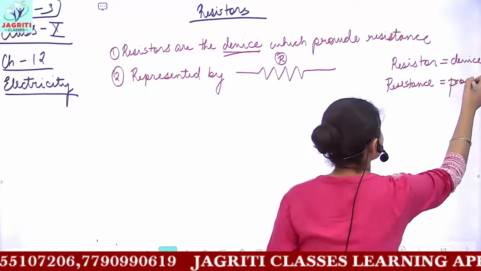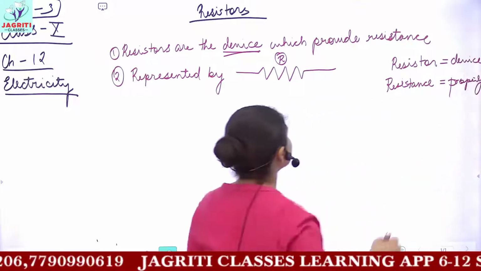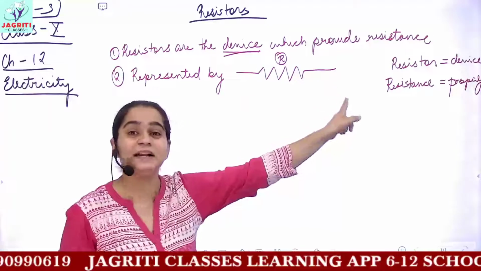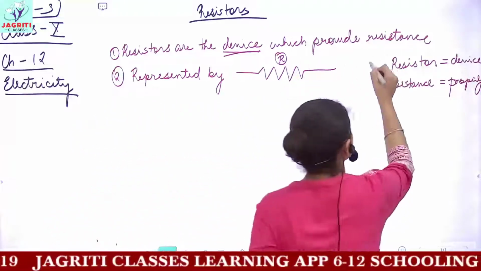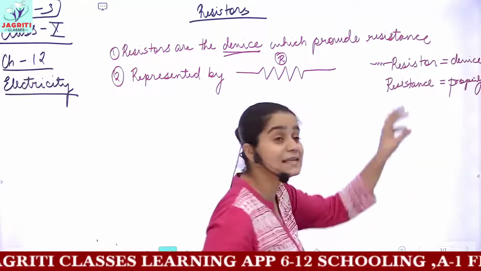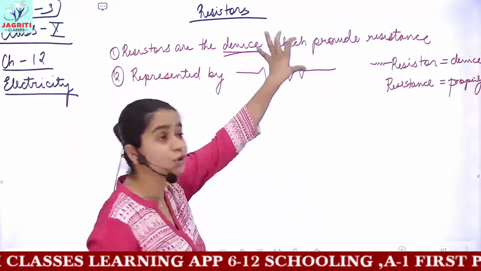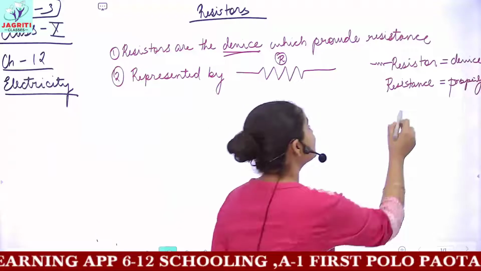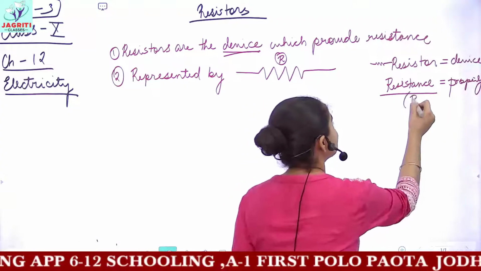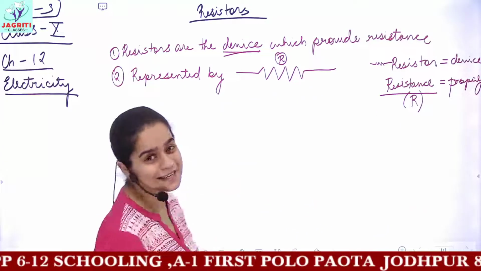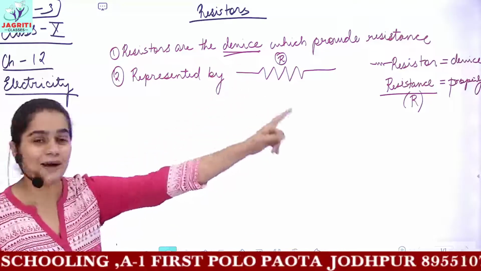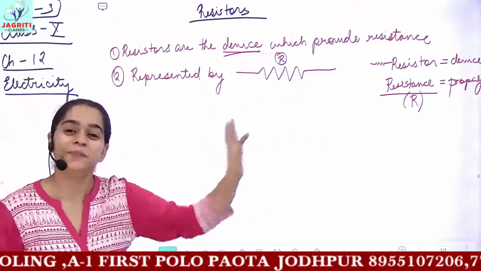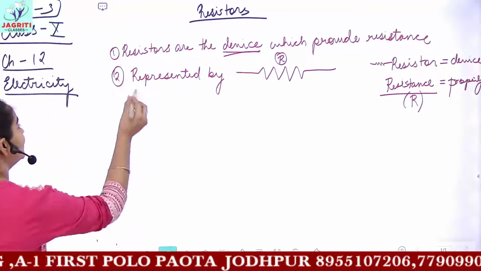This zigzag symbol represents the resistor, and the amount of resistance this resistor has is denoted by the symbol R and is known as resistance, okay? So resistor is the device here and resistance is the property. I hope this is clear.